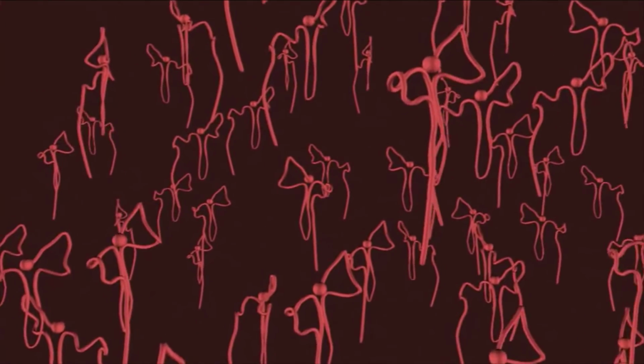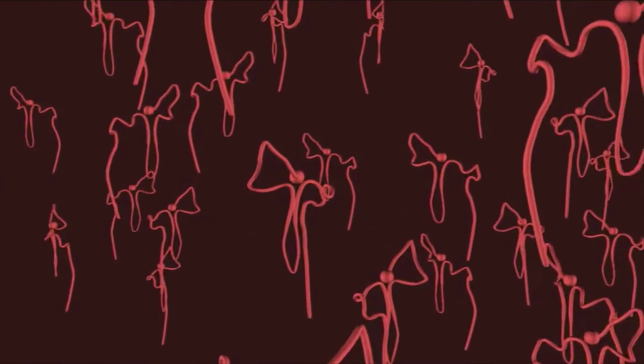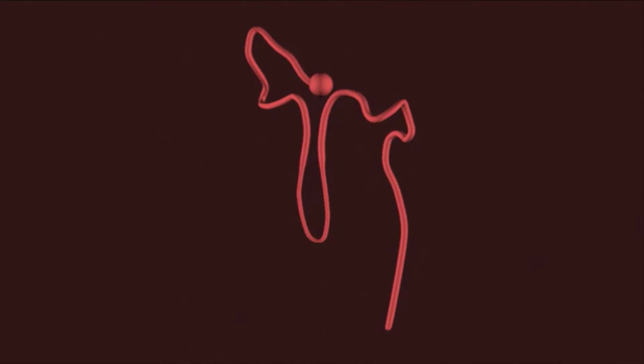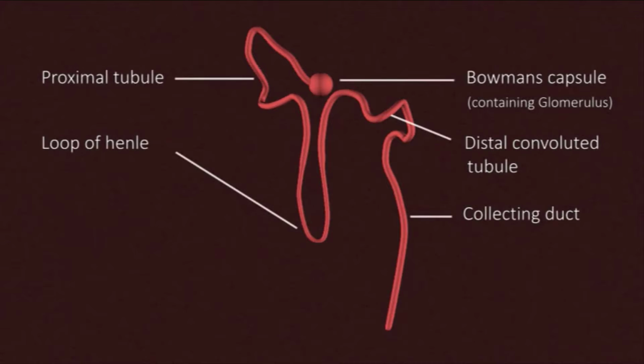The proximal convoluted tubule descends and forms the straight part of the proximal tubule, which continues as the descending thin limb in the medulla. It curves in the medulla and ascends up to form the ascending thick limb.